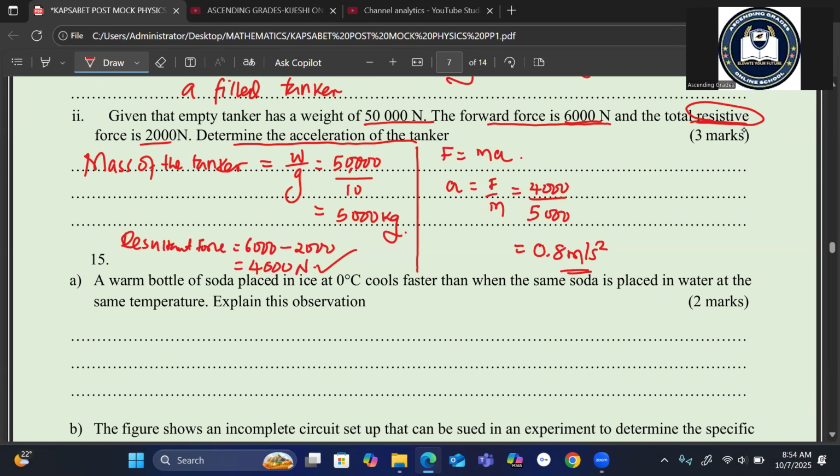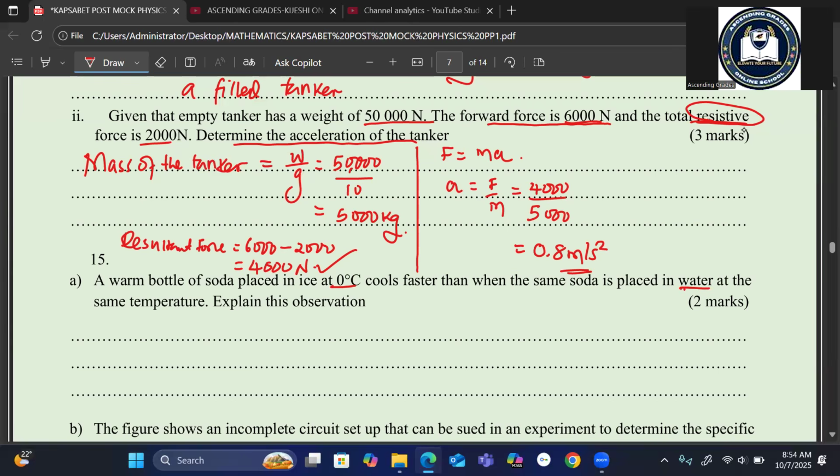So the ice is at 0 degrees Celsius. Remember, it will keep absorbing heat energy from the bottle for it to melt, unlike where we need to strain raising the temperature of this water.